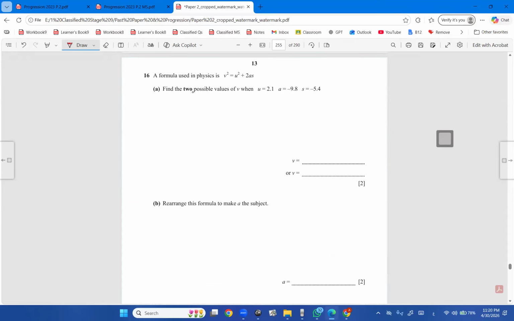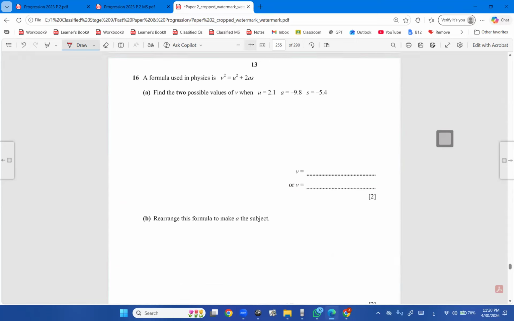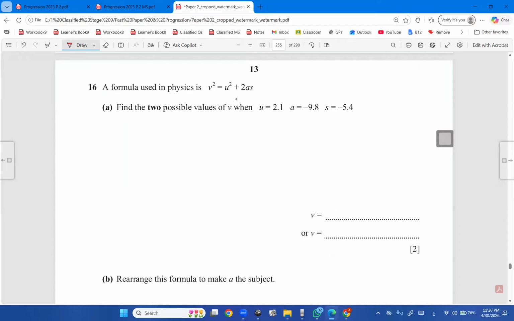A formula used in physics, let me zoom in, is v squared equals u squared plus 2as. Find the two possible values of v when u is equal to 2.1. So v squared equals 2.1 squared plus 2 multiplied by a, which is -9.8, and then multiplied by s, which is -5.4.